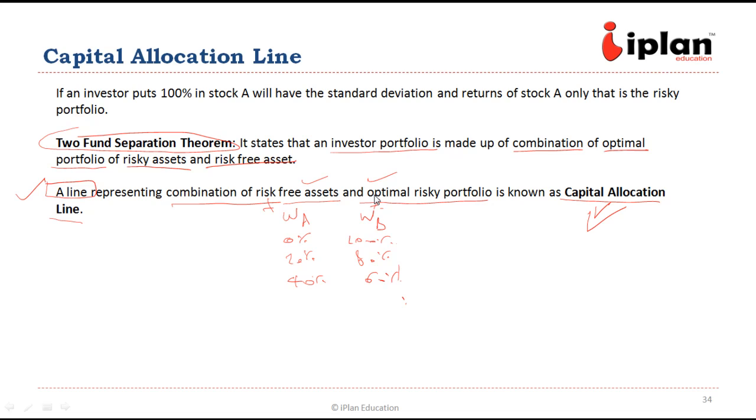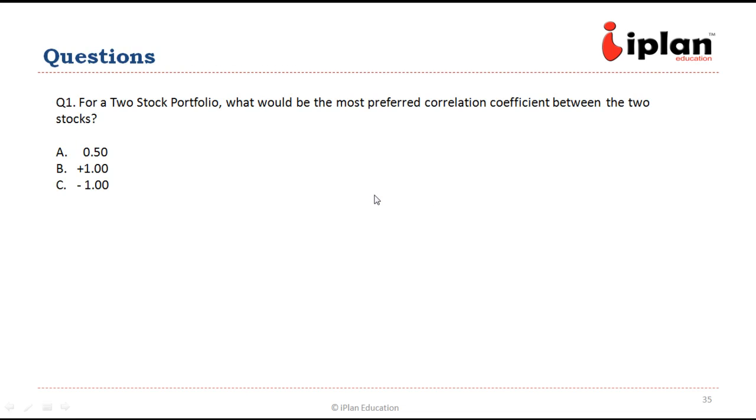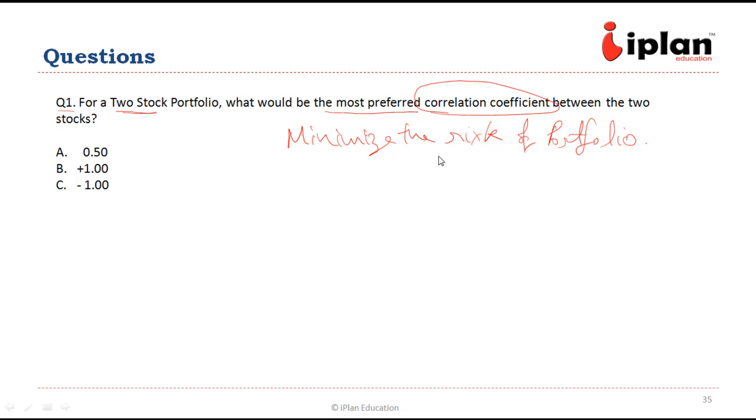Let us look at a few questions. The first question says, for a two-stock portfolio, what is the most preferred correlation coefficient between the two? Since our objective is to minimize the risk of the portfolio, we know the standard deviation of the portfolio is minimum when both the assets are completely negatively correlated.